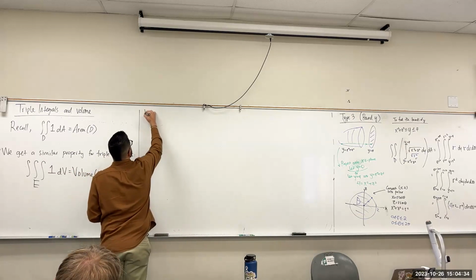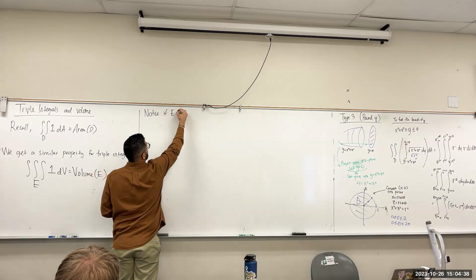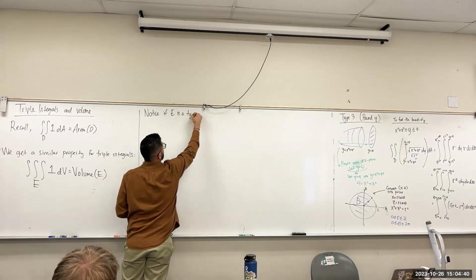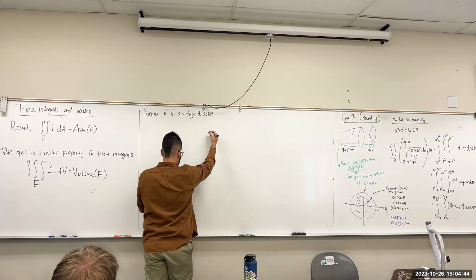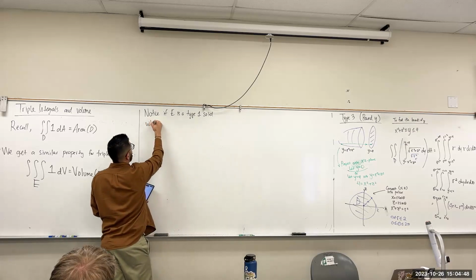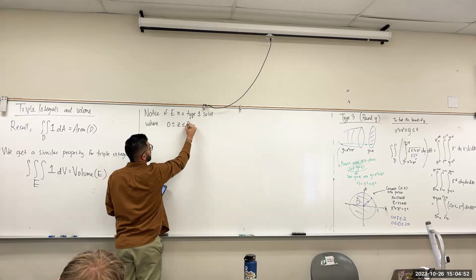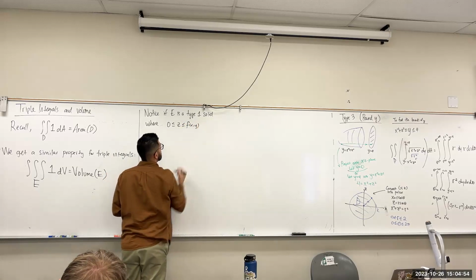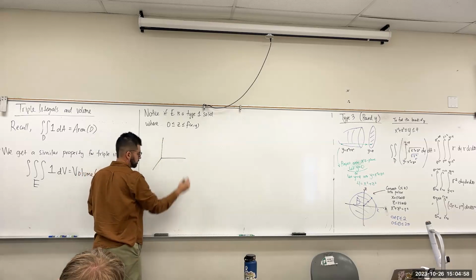And so notice, if E is a type 1 solid, where Z is bounded below by 0 and some function f of xy. Let me show you a picture here.